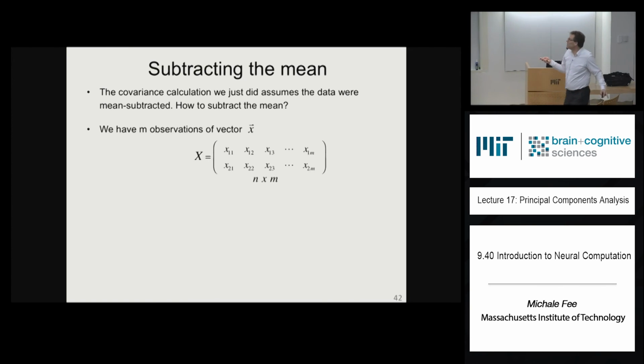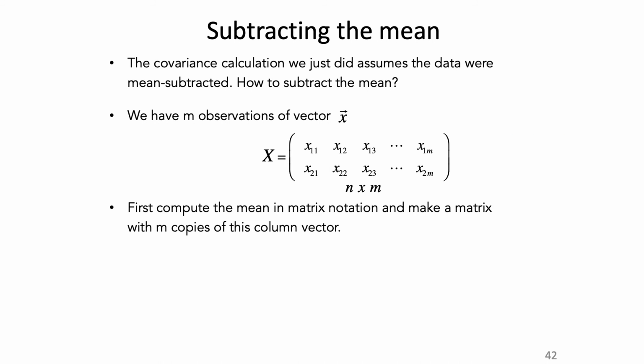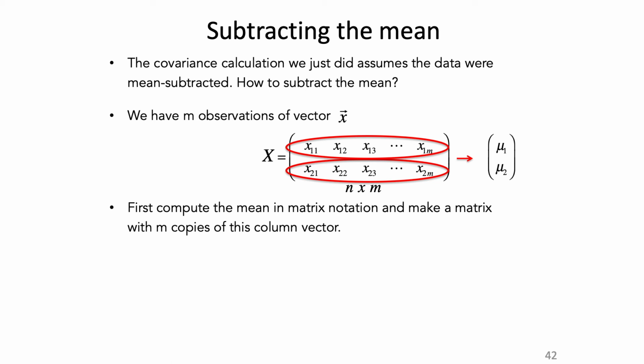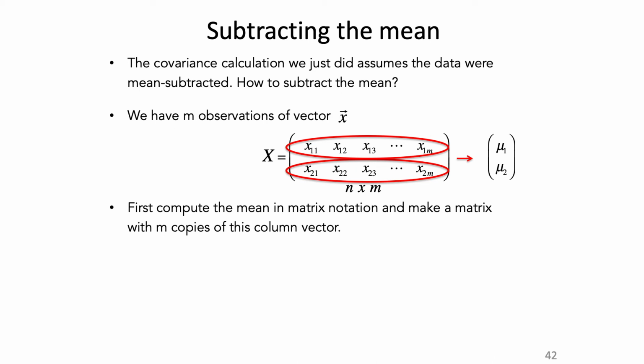There's a little trick to subtract the mean easily. So remember, your original observations are x. You compute the mean across the rows. You're going to sum across columns to give you a mean for each row. That gives you a mean of the first component of your vector, mean of the second component.